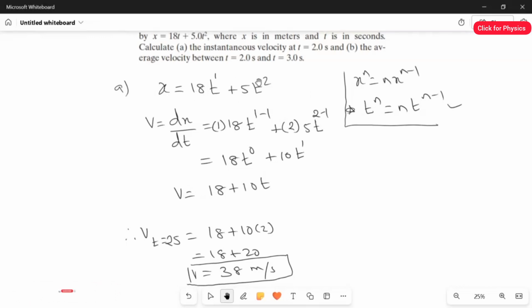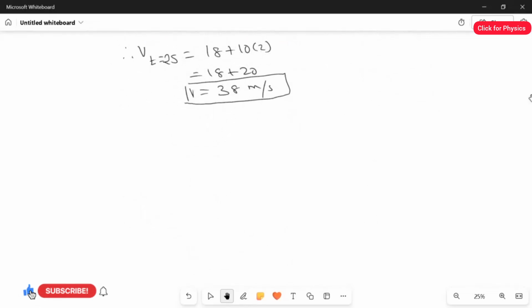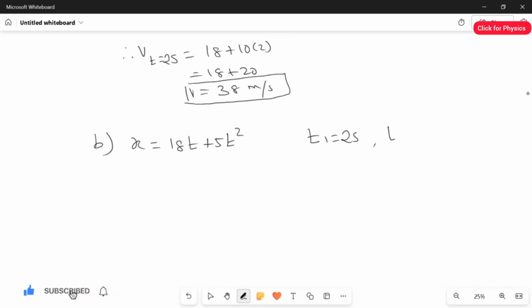In the second part, better I write the equation again, which is x equal to 18t plus 5t square, and then they gave two times, t1 equal to 2 seconds, and t2 equal to 3 seconds. Clear? And here we are going to find the average velocity.